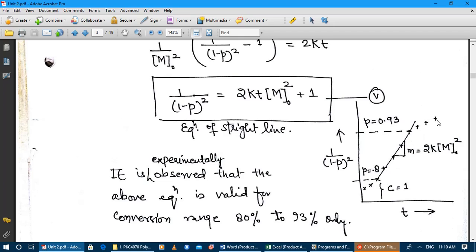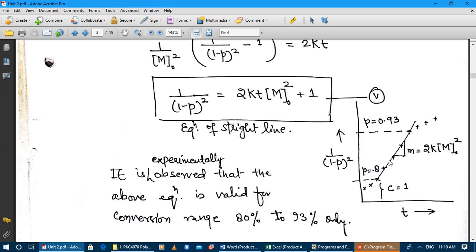We are getting the experimental data denoted as crosses, and this is the straight line drawn which is the result of my mathematical model.